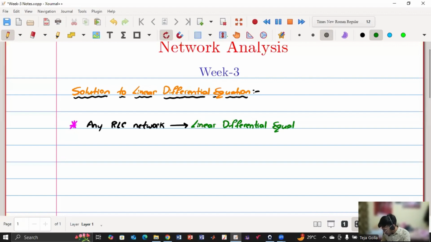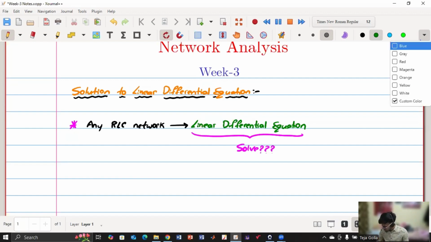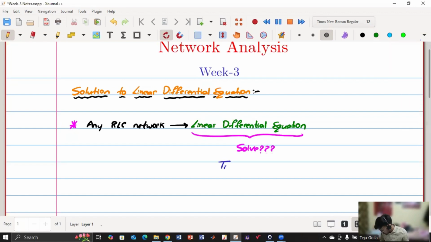So the first thing is, how are we going to solve this? That is the question, because it is in differential equation form. Now I want the time domain expression. So basically we are looking for the time domain expression. This week we are going to learn how to get the time domain expression.